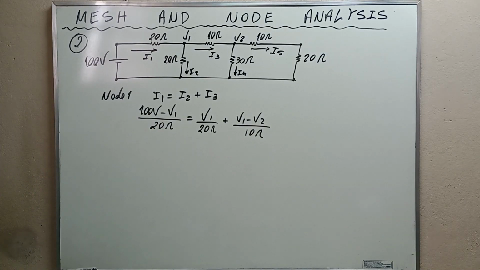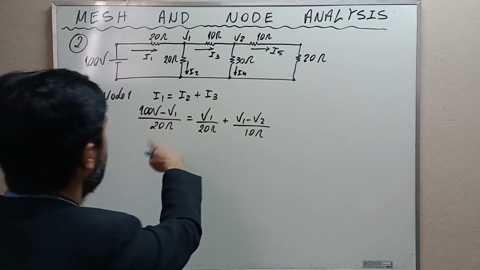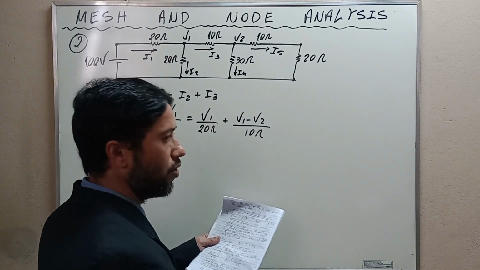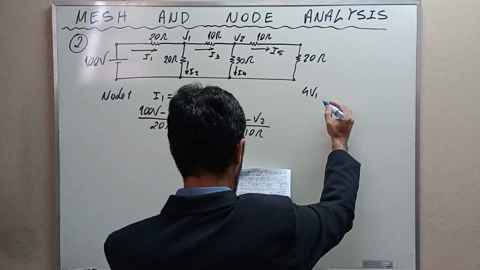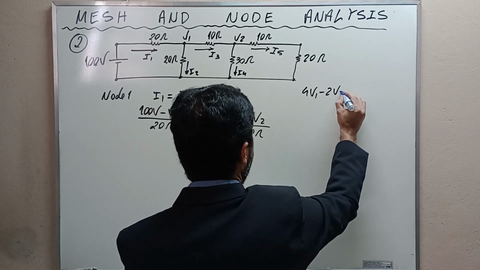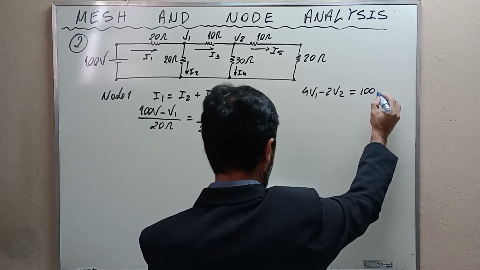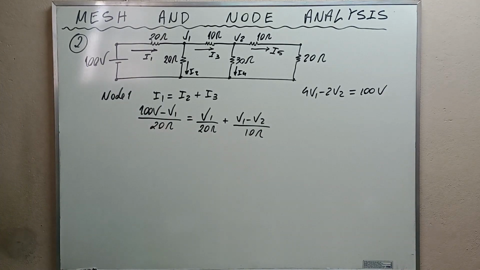This is the equation, and if we simplify this equation, we find, and I'm going to store it here because I'm going to need to erase this, it is going to be 4V1 minus 2V2 equal to 100 volts. Okay?